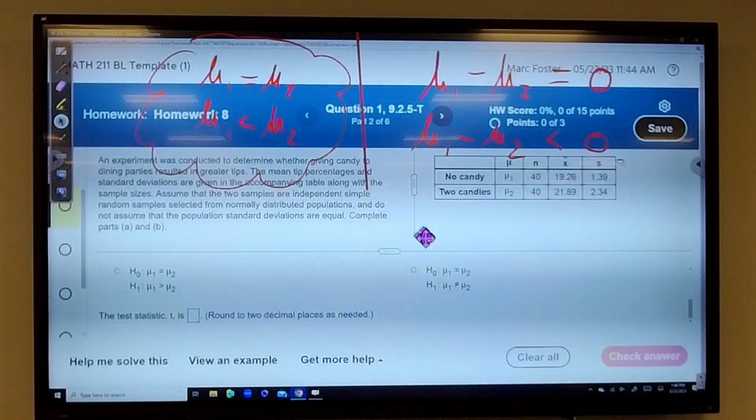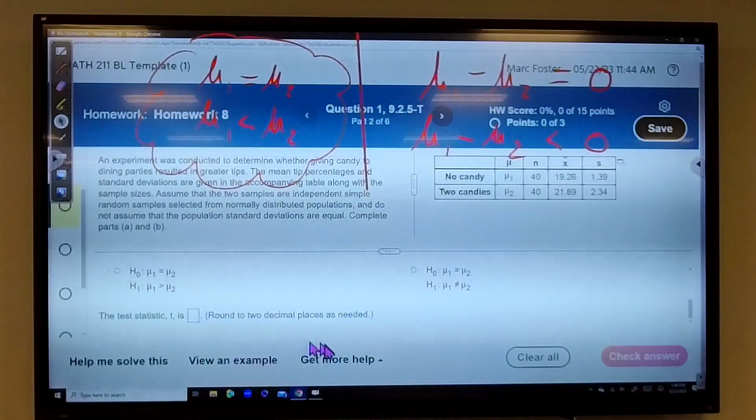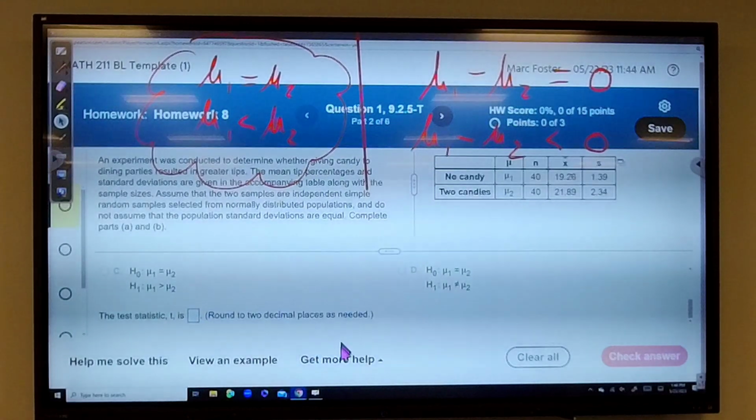Now they want the test statistic. I'm going to go to Get More Help and open StatCrunch.